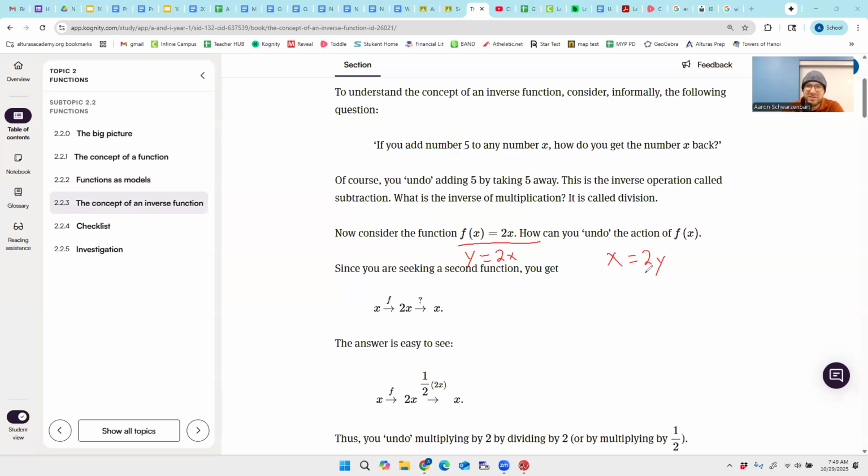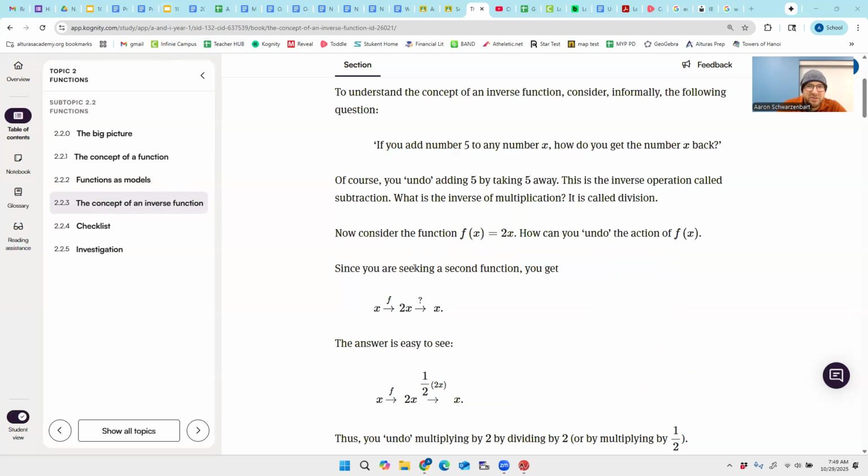We usually then finish by solving for y. And if the inverse is a function, you can use this inverse function notation, f inverse of x. It's not f to the -1 power, even though it looks like that. And that gives me my inverse.